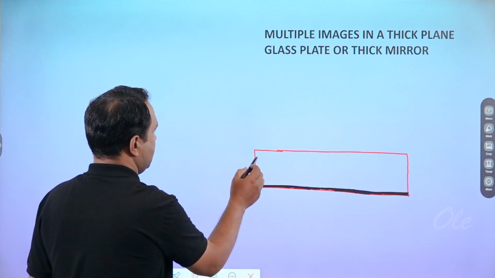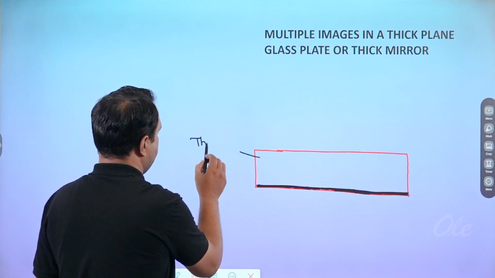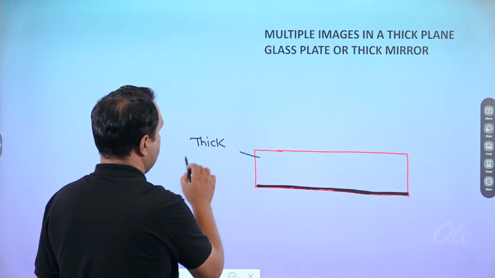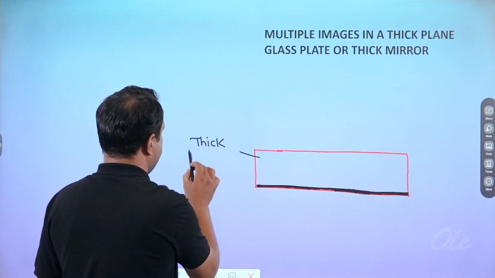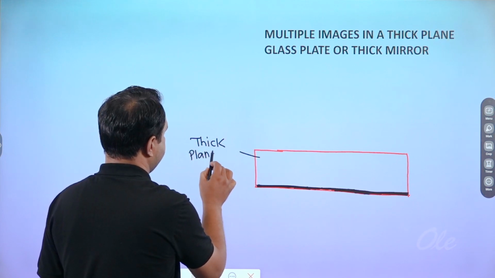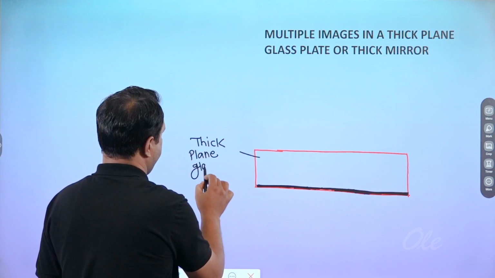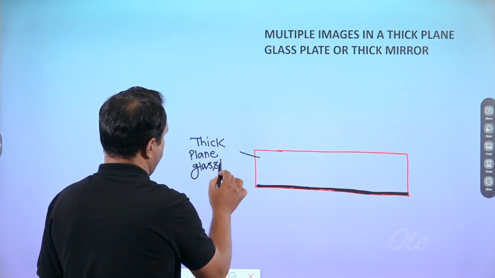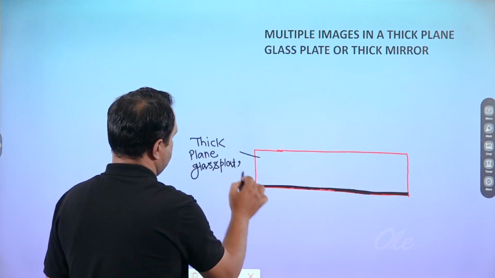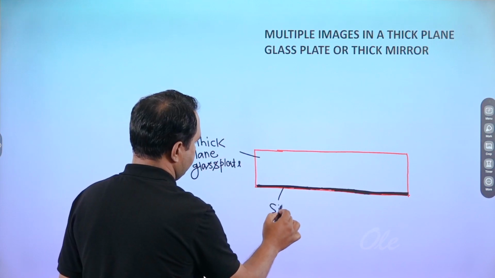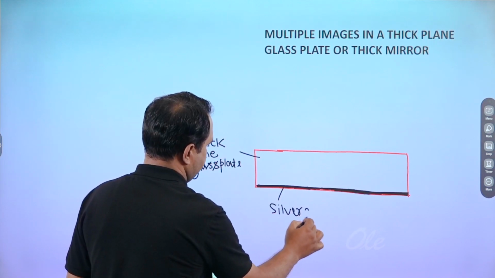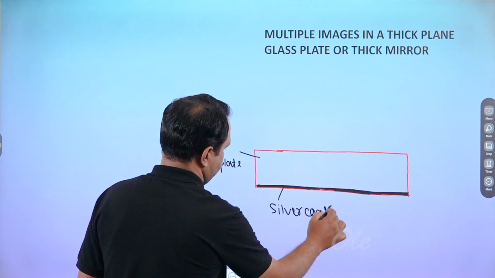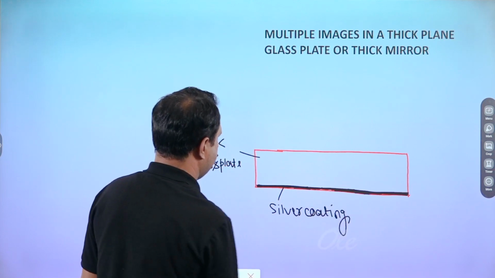So this was a thick plain glass plate and this is the silver coating. Right.